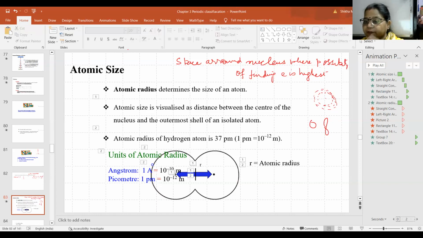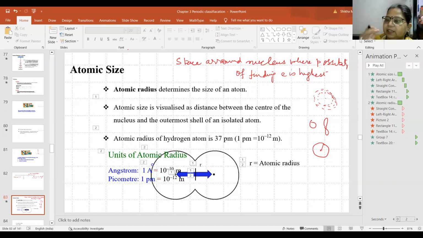If the scientists were sure that atom is a sphere, then the radius should be determining its size, right? But it is not concrete. So we must remember, probability cannot be measured accurately.